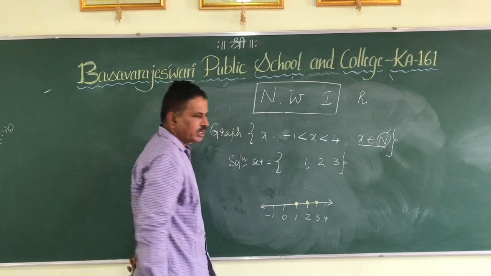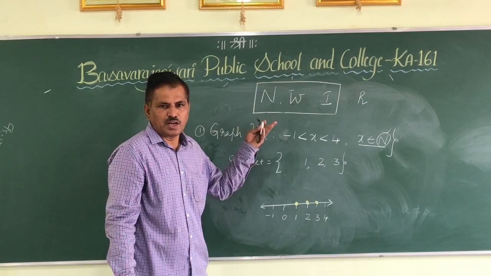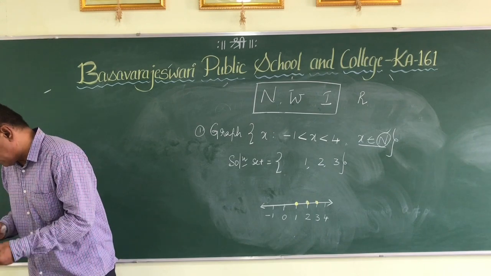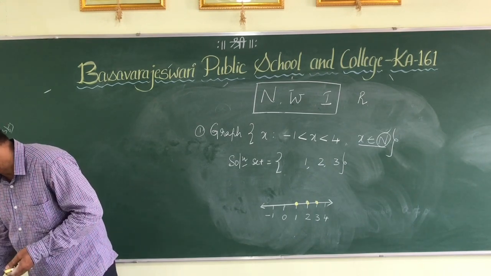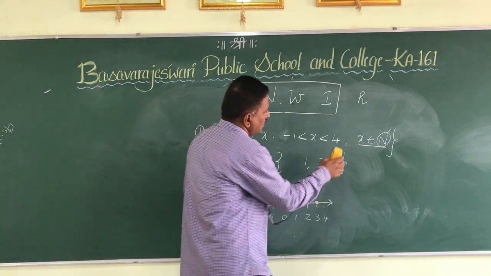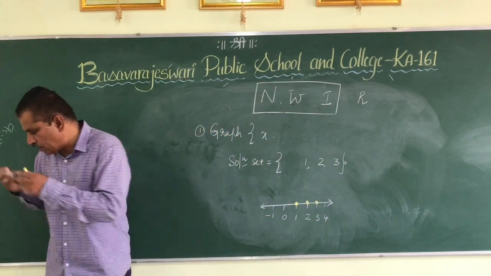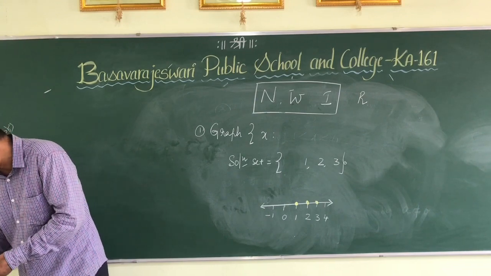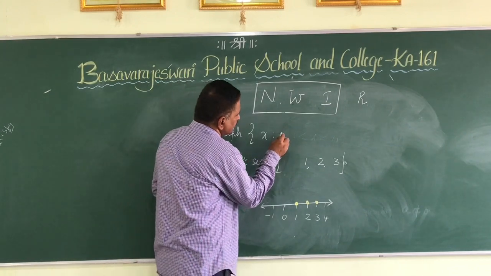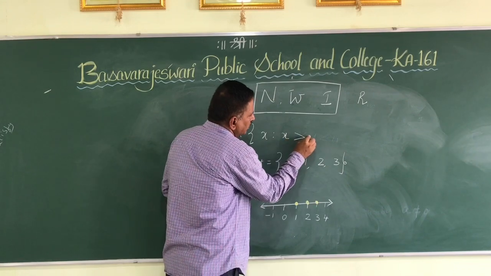So this is how the number line is represented in case of natural numbers or whole numbers as well as integers. Right? Yes. We'll take one more example, that is graph of x such that x is greater than 2.